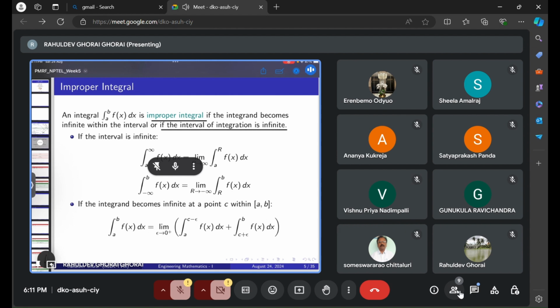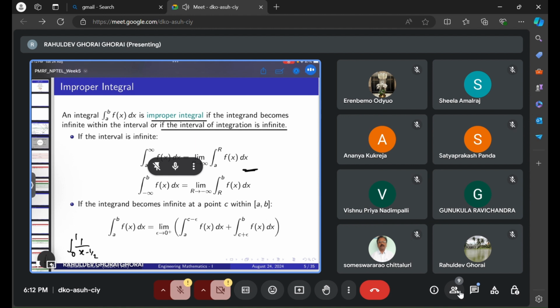And now, if the interval is infinite, and you have an integral from a to infinity of f(x) dx, then we can write it as the limit as r tends to infinity of the integral from a to r of f(x) dx. If it is from minus infinity to b of f(x) dx, then you take the limit as r tends to minus infinity of the integral from r to b. And then there is an integration like 0 to 1 of 1 over x minus half.